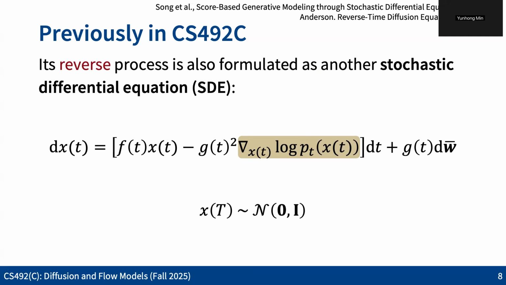But you can see that we have another term here, which involves this score function that we keep seeing, right? So what we typically do in diffusion models is exactly the same as what we have seen for the DDPM case. In the DDPM case, we first define the forward process, right?